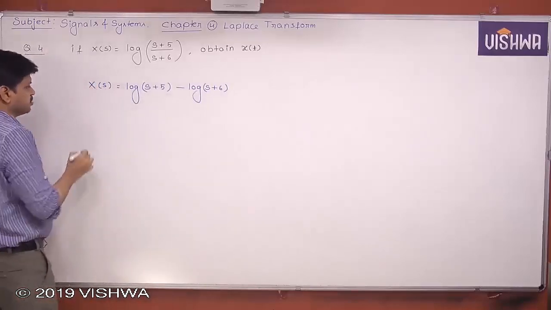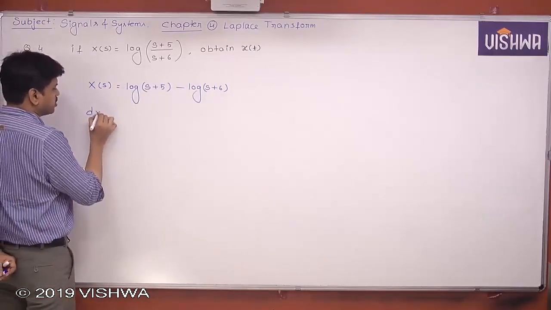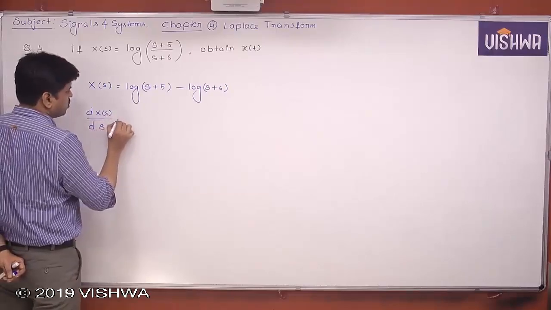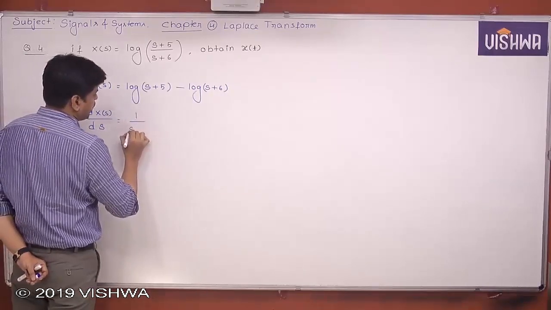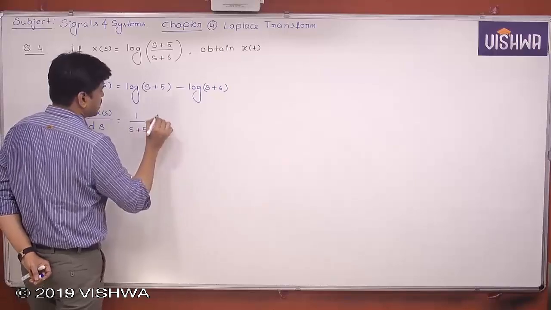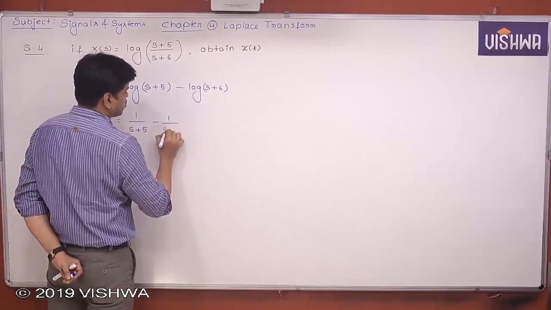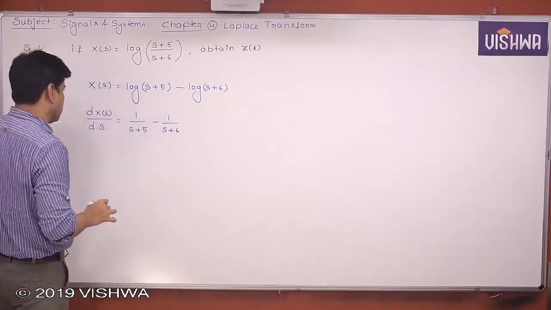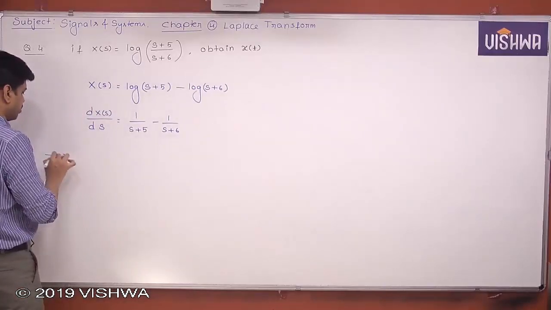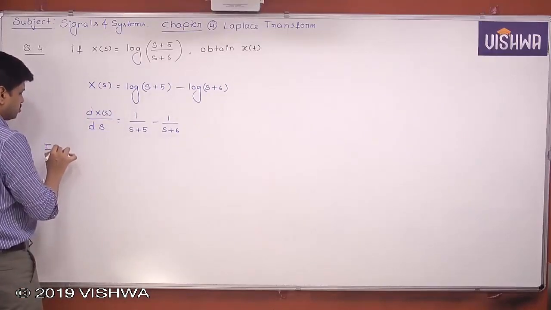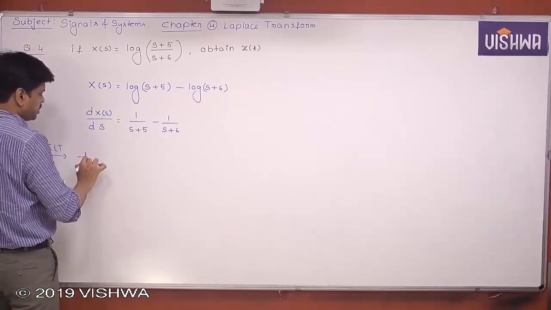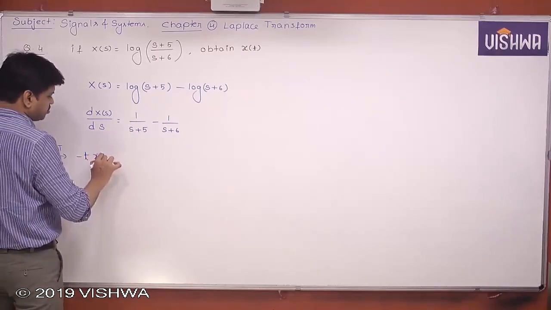From this, if I differentiate, dx of s by ds, what are we going to get? 1 by s plus 5 minus 1 by s plus 6. For this, we know how to write the inverse Laplace transform. Now, if I apply inverse Laplace transform on both sides, for this it is minus t x of t.